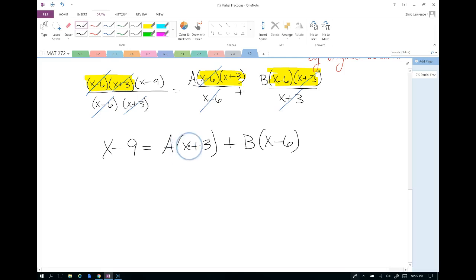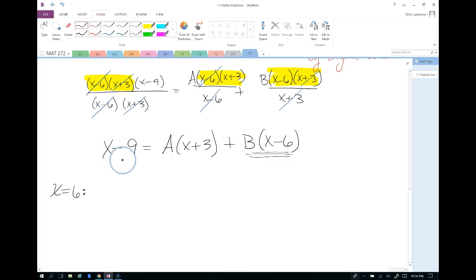So if I wanted to make this piece equal 0, what x value could I plug in? We're going to plug in x equals 6. So I'm going to go through that entire equation that I have left now, and I'm going to plug in x equals 6.